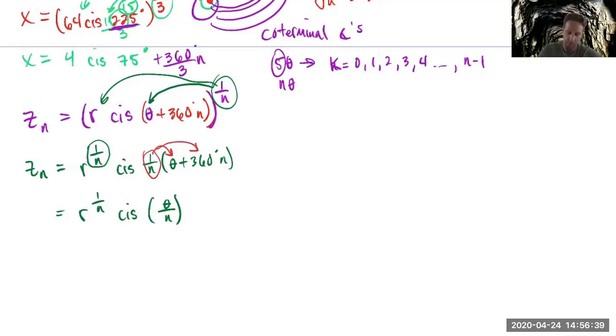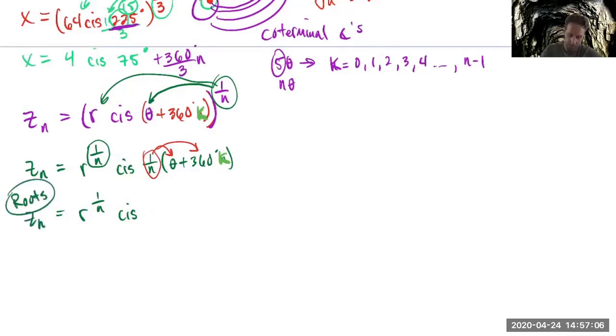So that's why they'll oftentimes call this number here or letter here k, all right, so that the n's don't get mixed up. And in order to do that, then I would have one more step to rewriting this, and we could write our final answer for all roots.